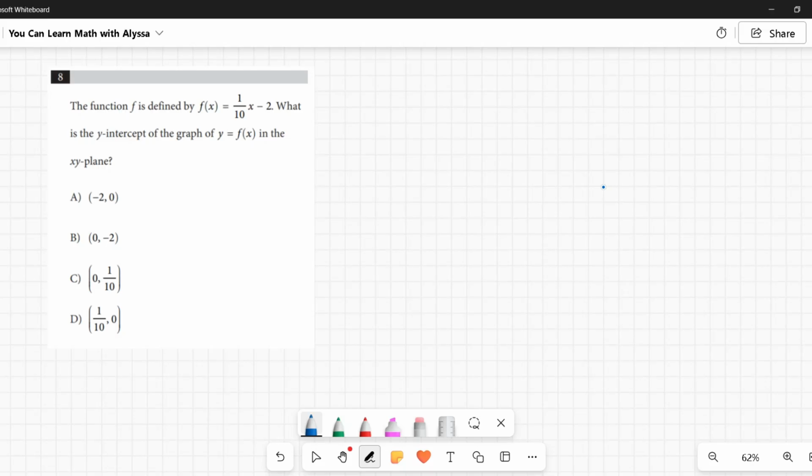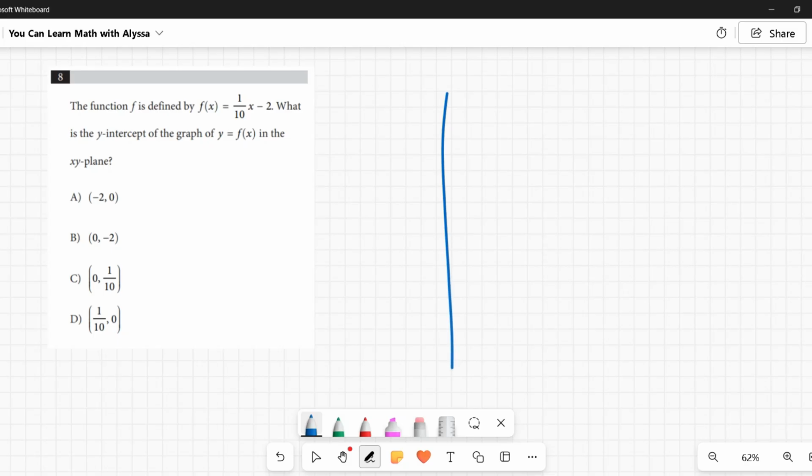Comfortable means you feel you can get the correct answer with that method. That's got to be number one. And number 2 is the fastest method. So if you're comfortable with both ways, use the one that's the fastest.